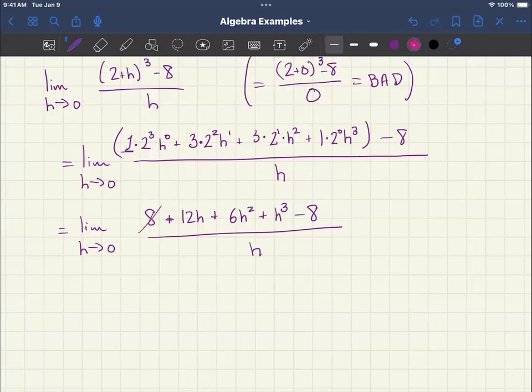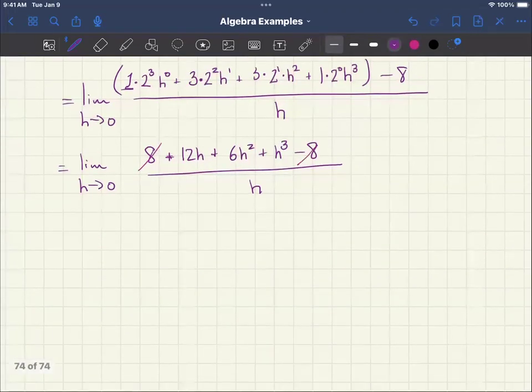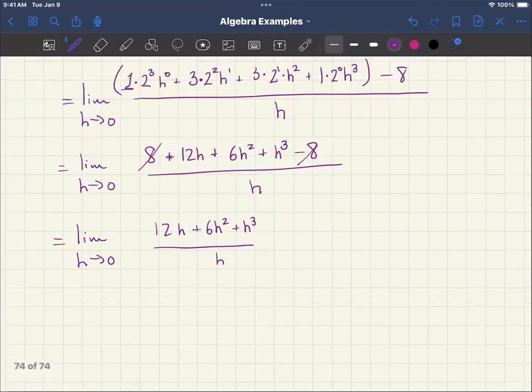We can cancel our 8's out. We can see that is going to disappear. And once we have that, our lives just improve that much, because now notice we have an h in every element in our numerator, which means we can pull an h value out.